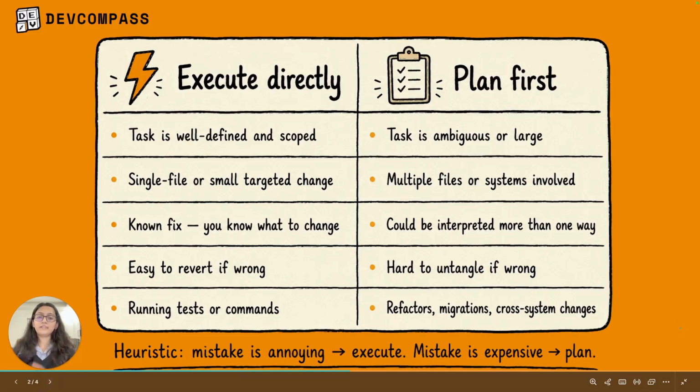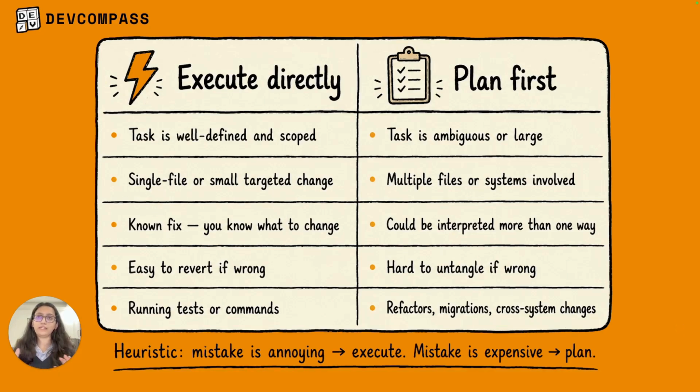Now, scenarios when you can execute directly and when you need to plan first. If it is a well-defined and scoped task, just execute directly. Single file or small targeted change. If it is a known fix, you know exactly what to change. It is super easy to revert if it goes wrong. Maybe running tests or commands.